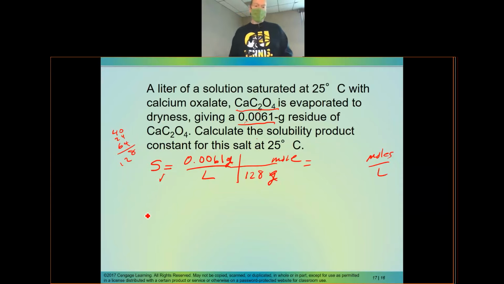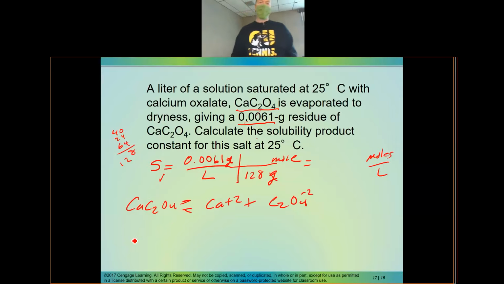Then you have to write the reaction. CaC2O4 goes to calcium plus 2 and C2O4 minus 2. And so you have initial, change, equilibrium. This is a solid. We don't care. We don't put solids into our equilibrium.